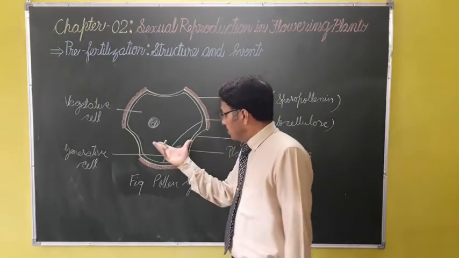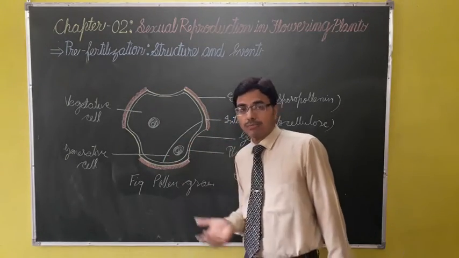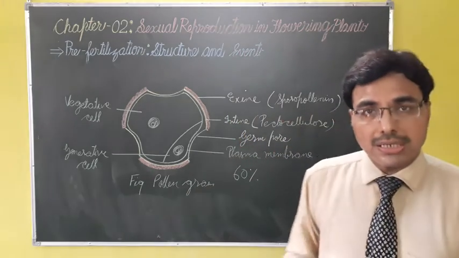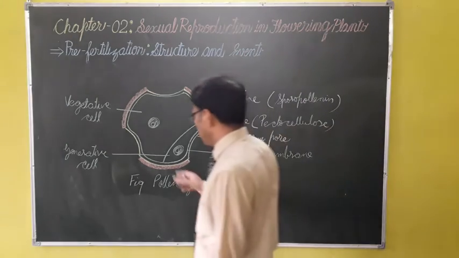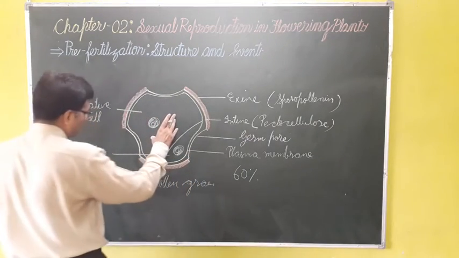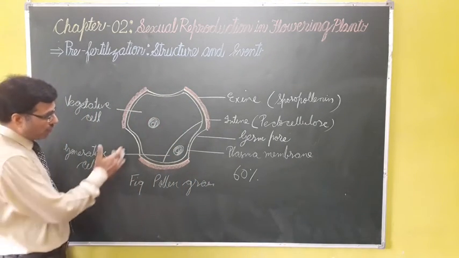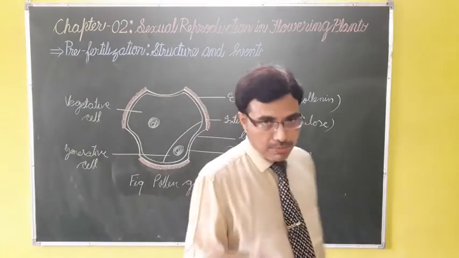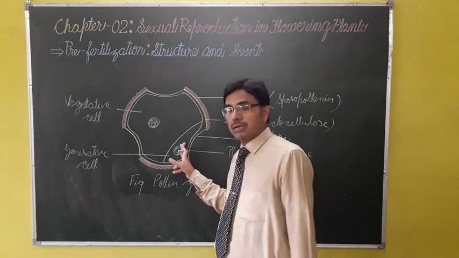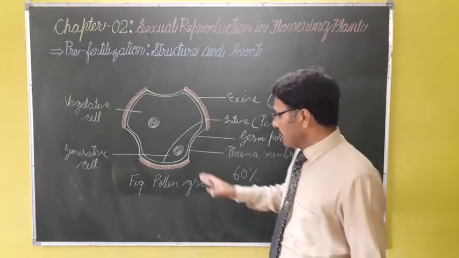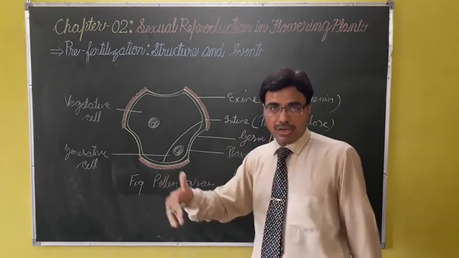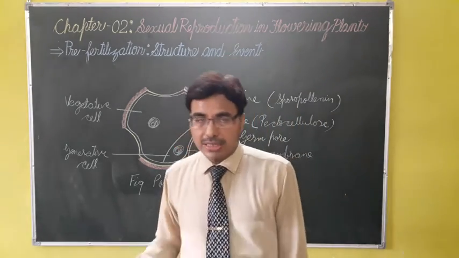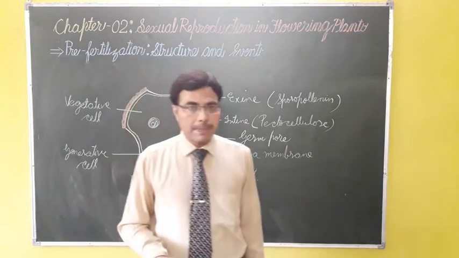When this pollen grain reaches the stigma, germination starts, and then this vegetative cell comes out from a germ pore in the form of pollen tube, and in this pollen tube, the generative cell moves, and in the pollen tube itself, it divides to give rise to male gametes, right?